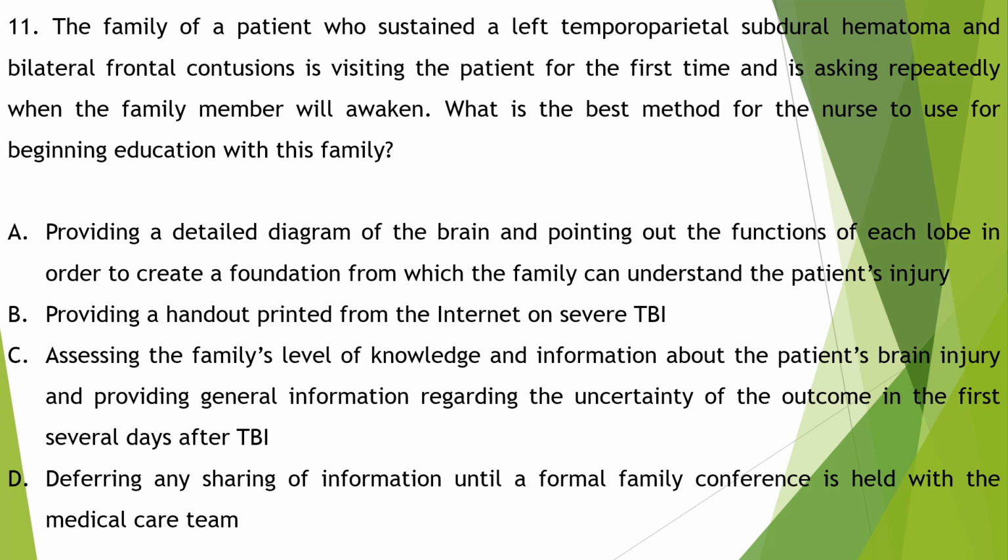Providing a handout printed from the internet on severe traumatic brain injury. Assessing the family's level of knowledge and information about the patient's brain injury, and providing general information regarding the uncertainty of the outcome in the first several days after traumatic brain injury. Deferring any sharing of information until a formal family conference is held with the medical care team.